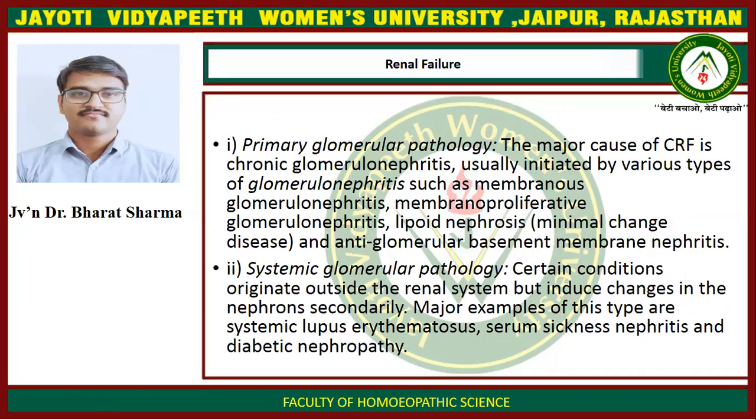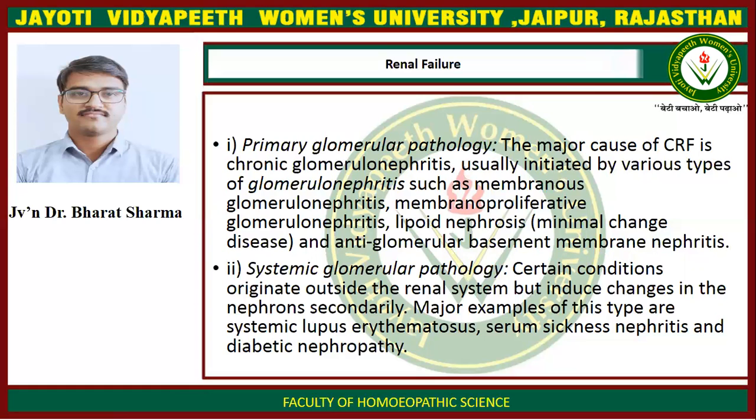The major cause of chronic renal failure is chronic glomerulonephritis, usually initiated by various types of glomerulonephritis, such as membranous glomerulonephritis, membranoproliferative glomerulonephritis, lipoid nephrosis, and anti-glomerular basement membrane nephritis.